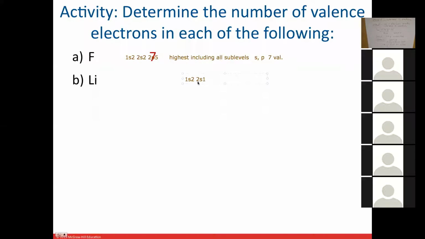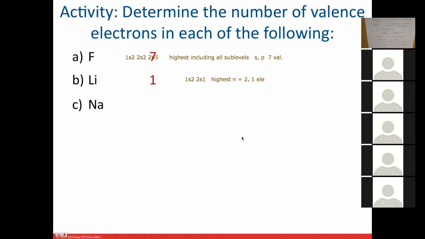What's the highest n value? 1, 2. So the highest n equals 2. How many electrons are in the 2? 1 electron. Okay, I get it. Not so bad. So 1 for lithium.